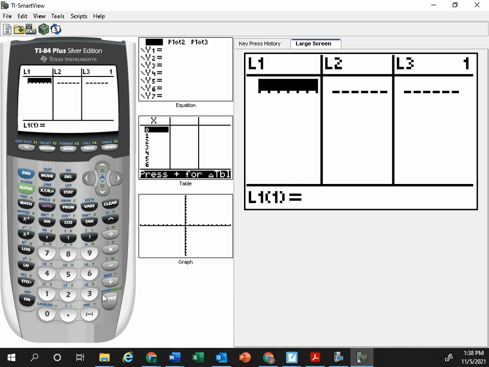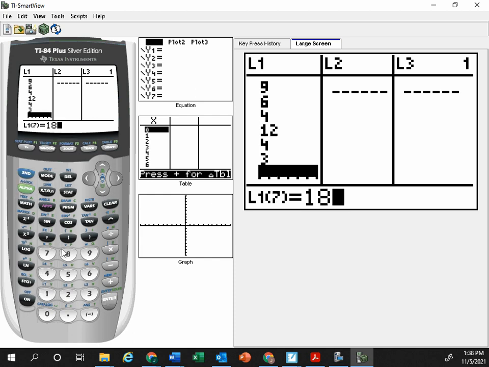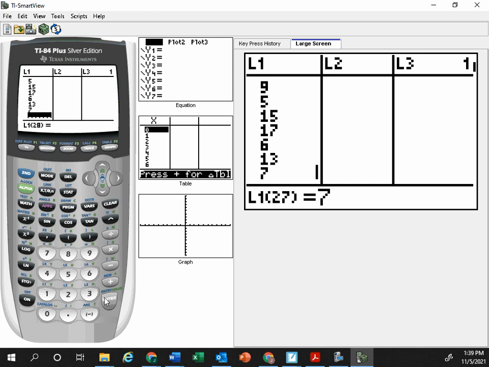So we've got all of these to enter. You should have 30 numbers entered.